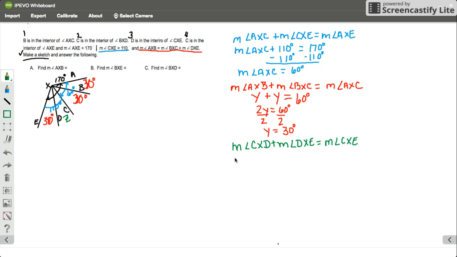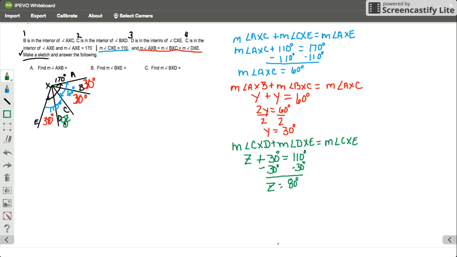Fill in our known values. We're going to find the value of the measure of CXD. We know that DXE is 30 degrees, and we know that CXE is 110 degrees. So when we do our subtraction of the 30, we get a value of 80 degrees for our last unknown angle.